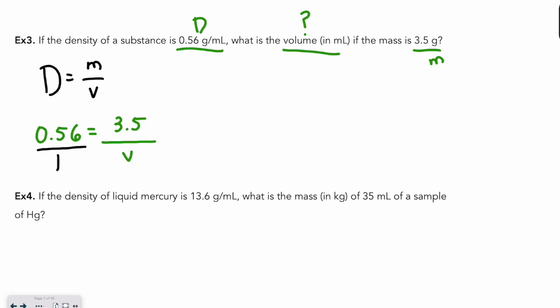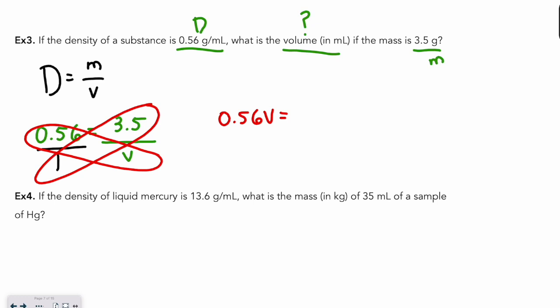You're going to put the 0.56 over 1, and then we're going to just cross multiply. So I have 0.56 times my volume, which is just 0.56 V. That equals then 3.5 times 1, which is 3.5. And now I can isolate my V. I can get my V by itself by dividing both sides by this 0.56. Get rid of that 0.56.